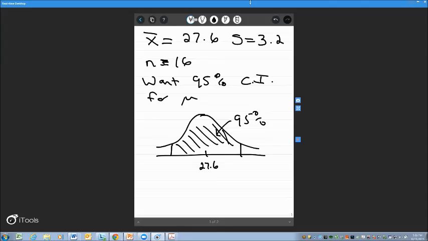Well, let's call it x1 and x2, or lower and upper.